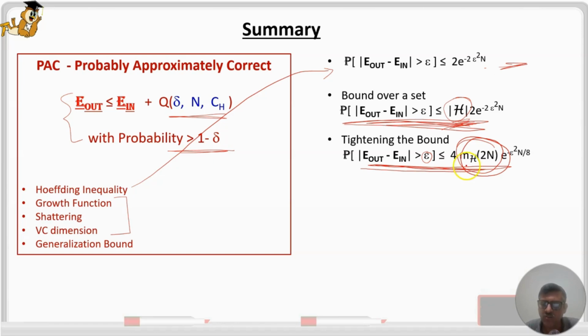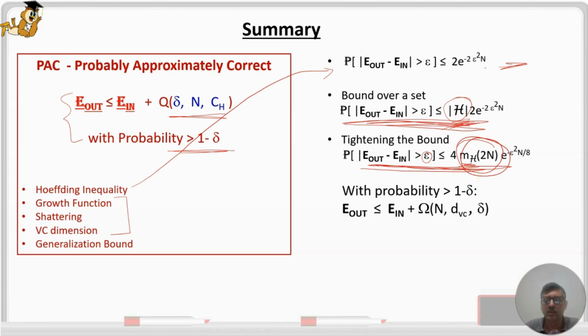This was very useful because we know that the growth function grows only as fast as a polynomial of order equal to the VC dimension of the hypothesis set. And therefore, we ended up with this generalization bound.